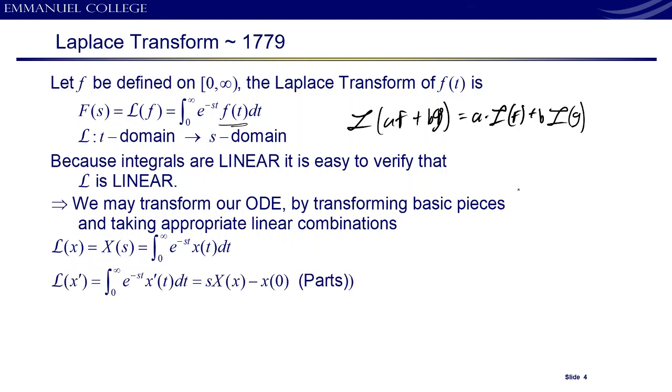And then if you were to do the Laplace transform of the derivative of x, you're going to get this factor of s times, whoops, this should not be x of x, it should be x of s. And if you wanted to prove that, you could use integration by parts on the first one, and you would see those components pop out where they need to.